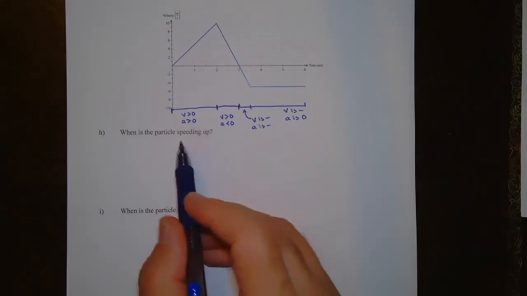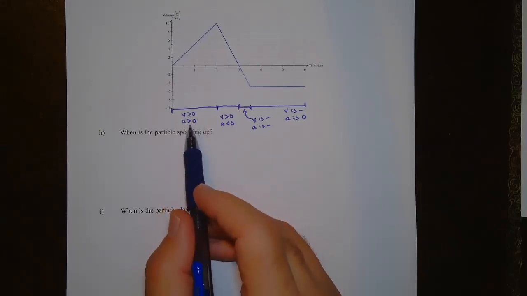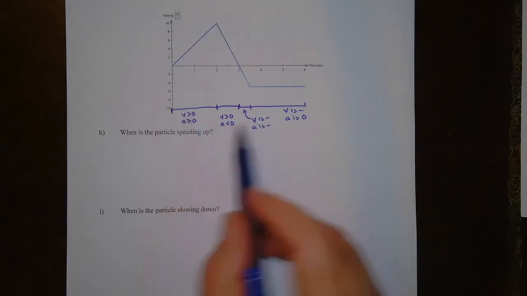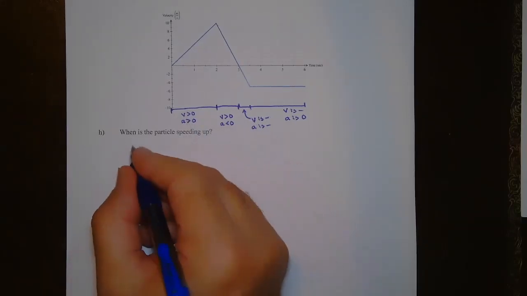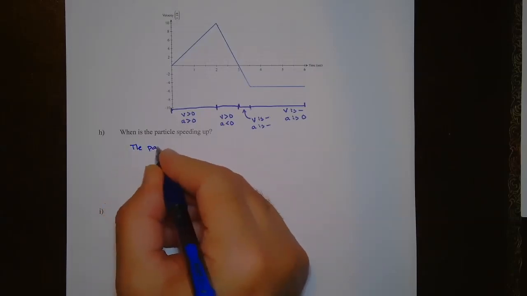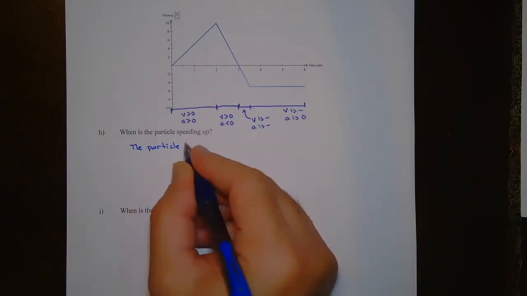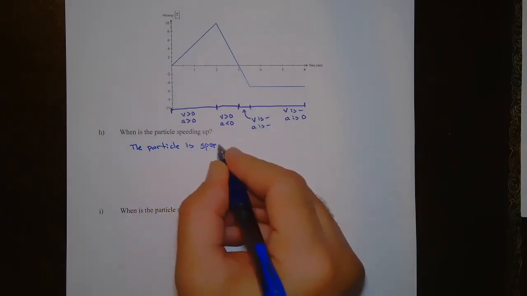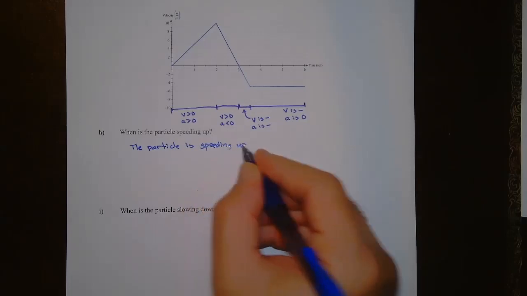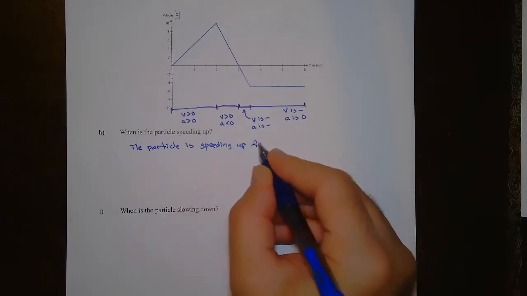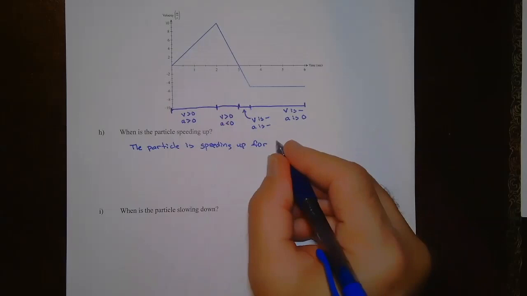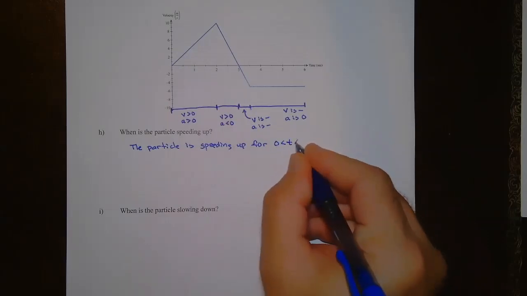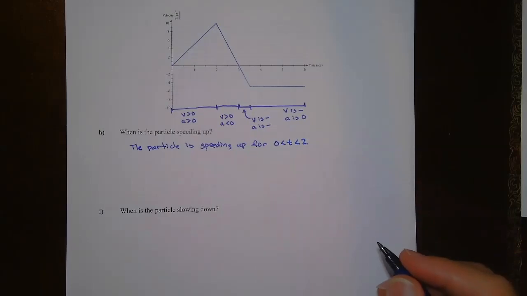Okay, so how do we know when something's speeding up? It's when the velocity and the acceleration are either both positive or both negative. So right here, they're both positive. And right here, they're both negative, right? So the particle is speeding up. You could say between 0 and 2 seconds, so for 0 < t < 2, the particle's speeding up there.